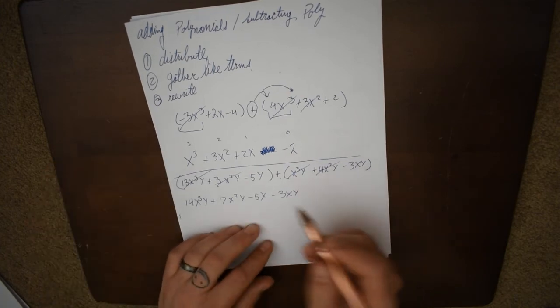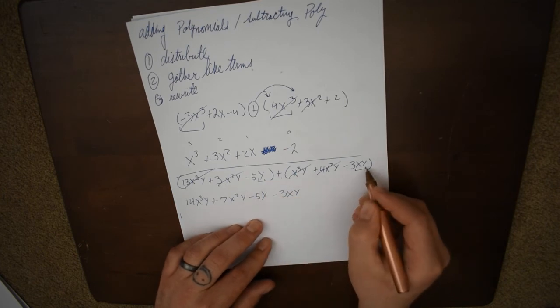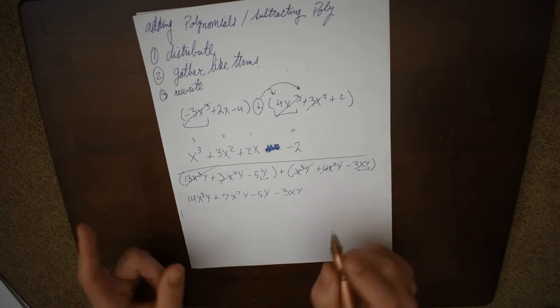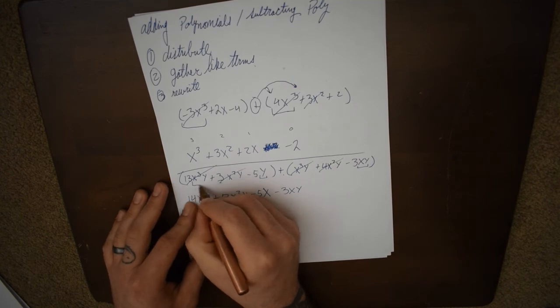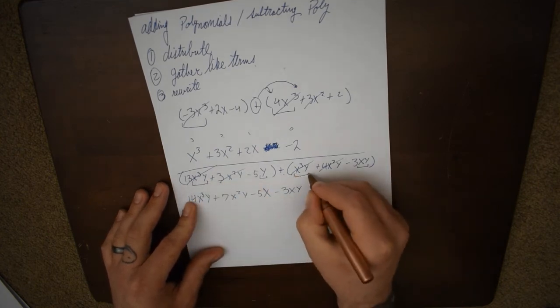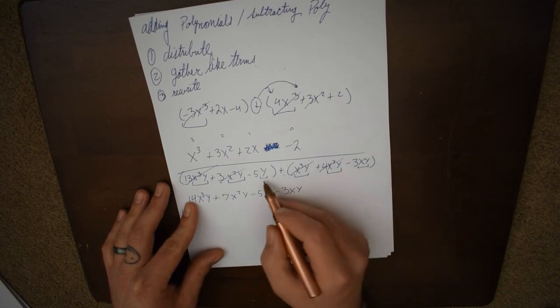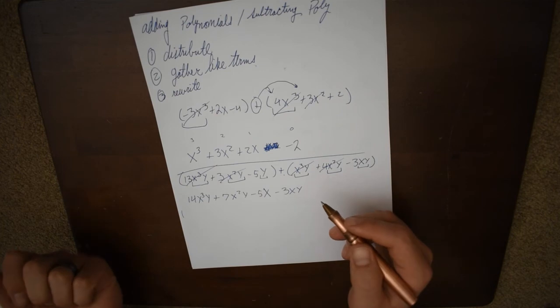So be careful, because we've got a y over here and we've got an xy over there. They're similar, they have parts in common, but they're not the same overall. When gathering like terms, the entirety of the variable has to match. These two didn't match perfectly, so we weren't able to combine them.